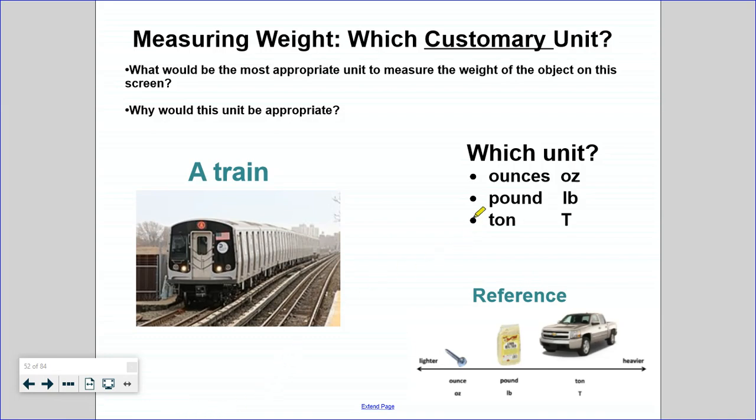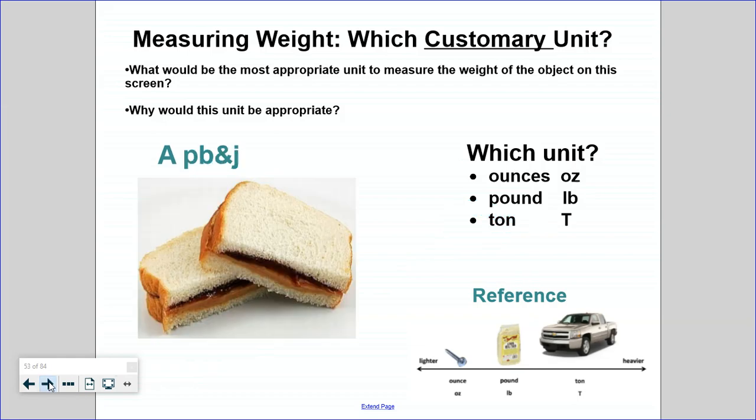That's a biggie, so that's definitely going to be tons. How about a peanut butter and jelly sandwich? Boy, that looks yummy. I would say ounces because if one slice of bread is about an ounce, then 2 slices is about 2 ounces. Plus, you add the peanut butter and jelly, it's still not going to equal a pound, right?